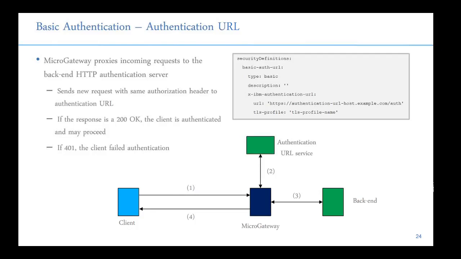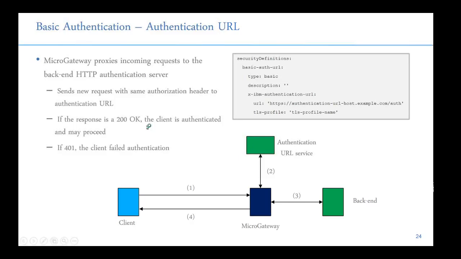So just going a little deeper on the authentication URL, first, it's basically what it sounds like. It's just proxying incoming requests, at least the authentication part. So it gets to this point in the authentication step, and it will send the same authorization header in a new request to a backend authentication URL service.